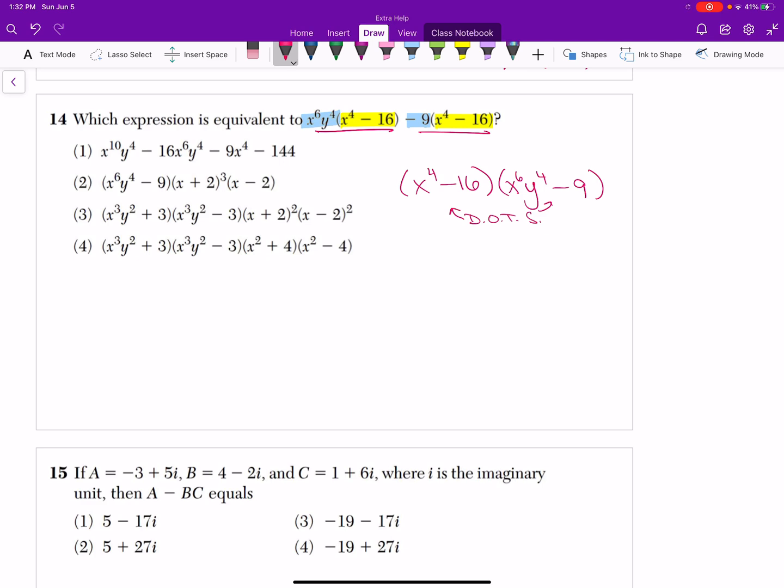X to the 4th minus 16 is x squared plus 4, x squared minus 4. And the x to the 6th, y to the 4th minus 9 becomes x cubed y squared, you're cutting the exponents in half, 9 is 3 and 3, and then 1 is a plus and 1 is a minus. So this right now matches answer choice 4.